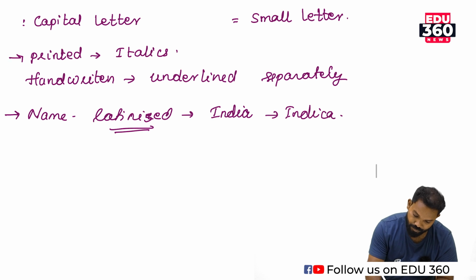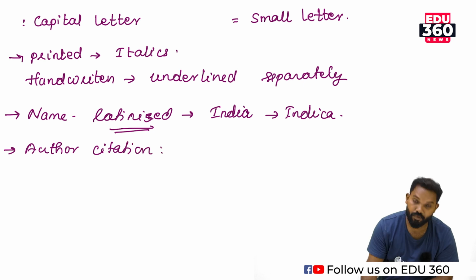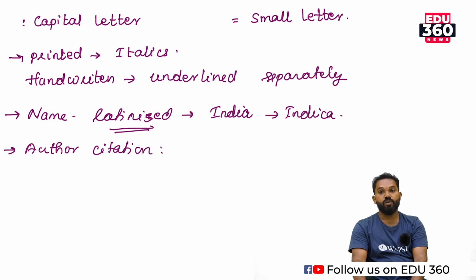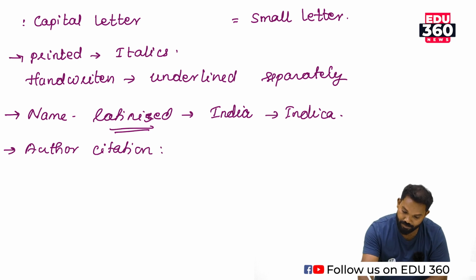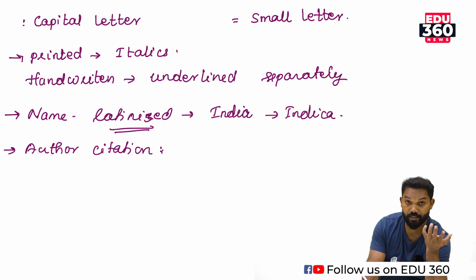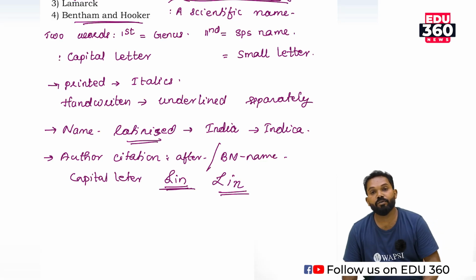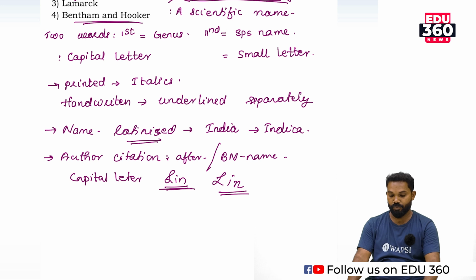Then the next one is the author citation. What is author citation? Author citation is the abbreviation of the name of the scientist who gave the scientific name to a particular plant or organism, written or printed in abbreviated form after the binomial nomenclature.